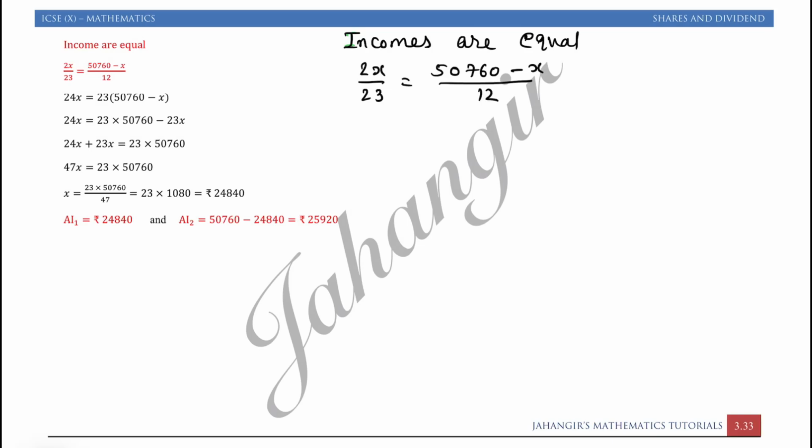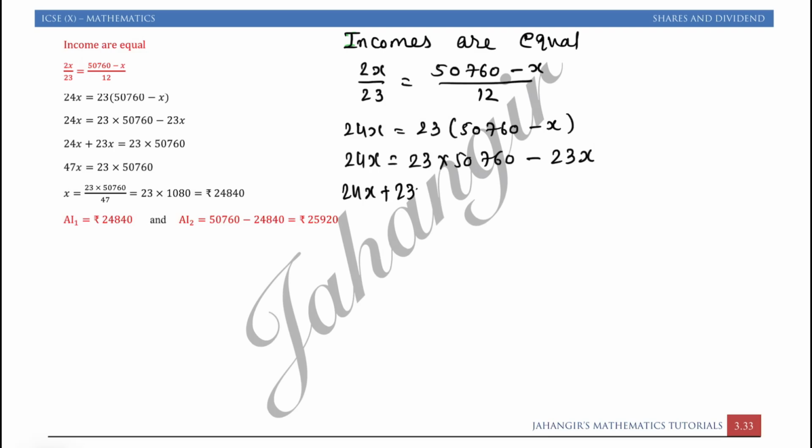Now this is a simple equation. We will cross multiply: 2 into 12 is 24x is equal to 23 into (50,760 minus x). Now we will open the bracket: 24x is equal to 23 into 50,760 minus 23x. So 23x we will shift to the left: 24x plus 23x is equal to 23 into 50,760.